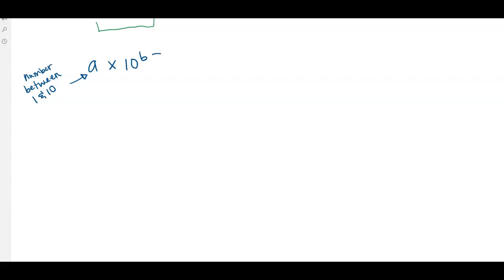And then this exponent here can be a positive or negative number, so it really can be anything. And this is telling you how the decimal is being moved, how many places. So it's not in scientific notation if our number out here said 23.8 times 10 to the 5th power.